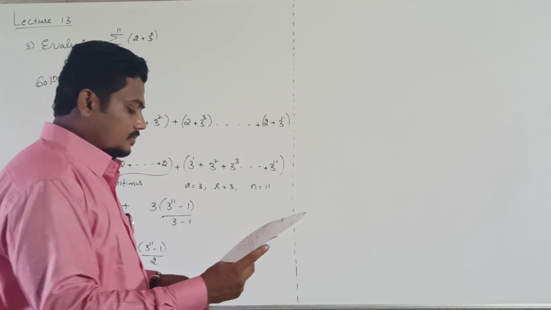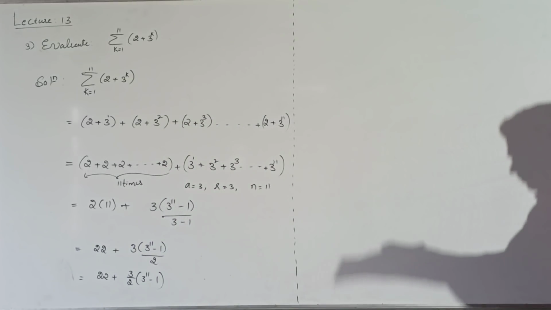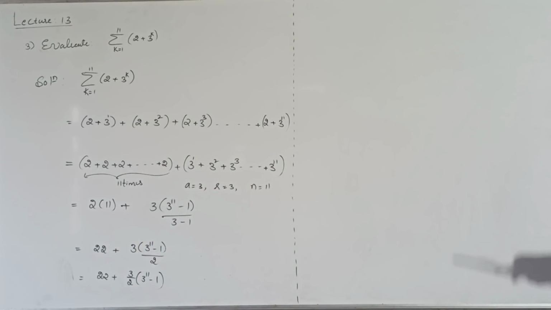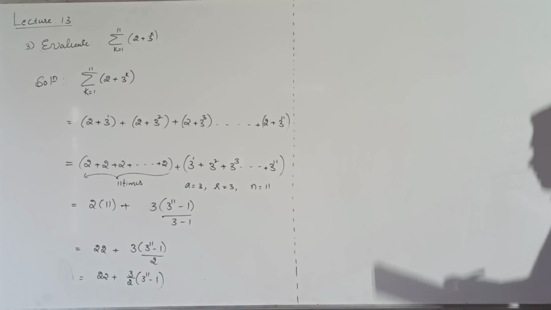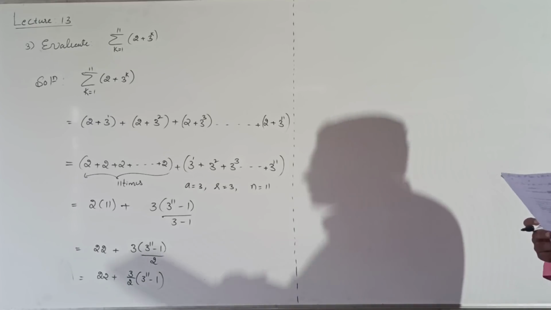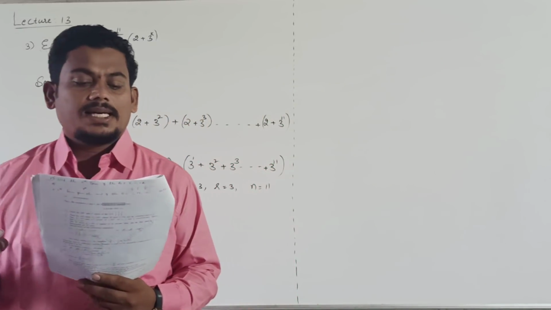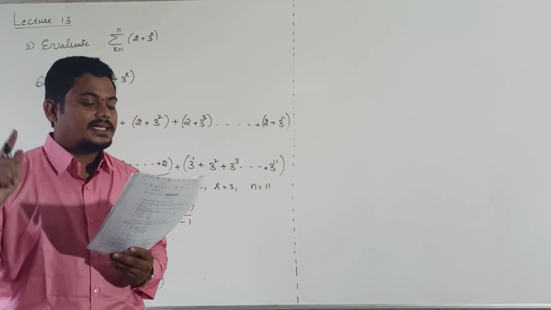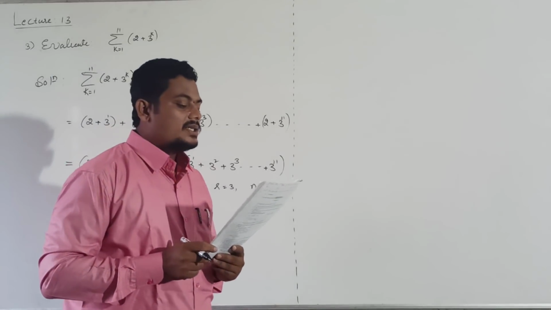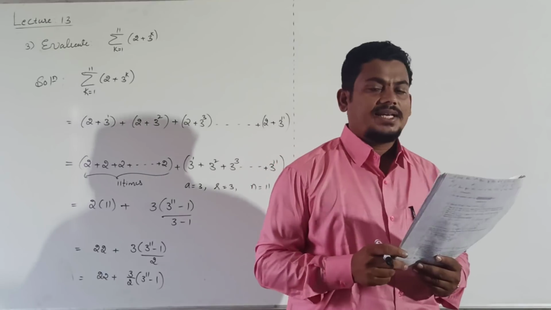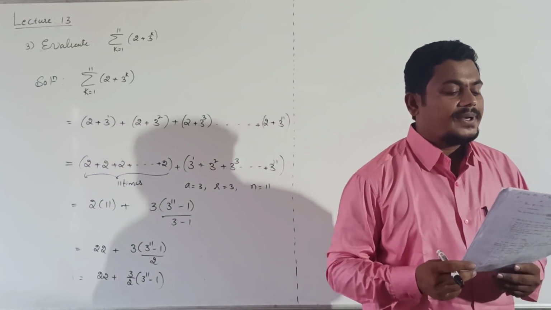Next problem. If the 4th, 10th and 16th terms of a GP are x, y, z respectively, prove that x, y, z are in GP.